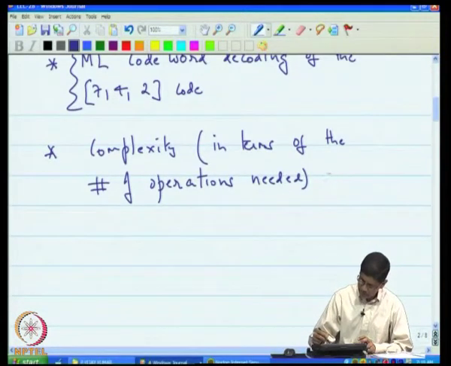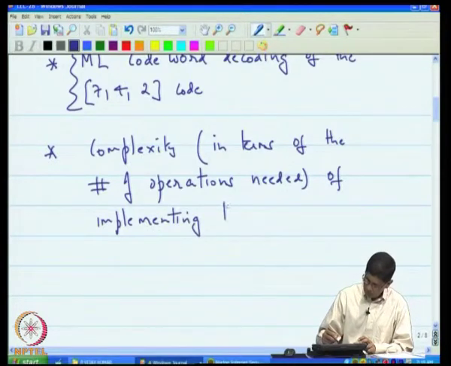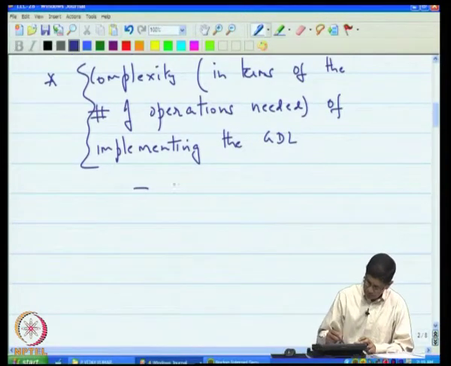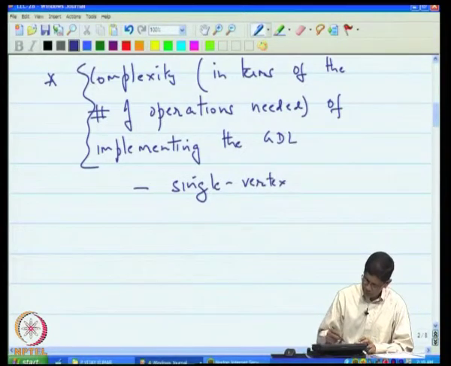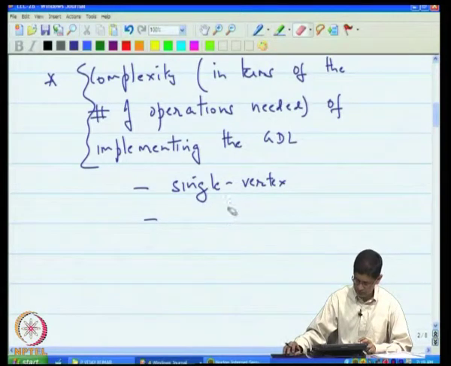So, complexity of implementing the GDL, and we gave an exact count for the single vertex case. And for the multiple, actually we gave a second estimate for the all vertex case.